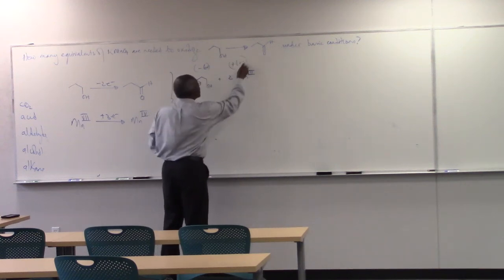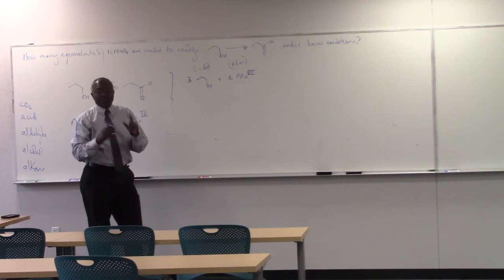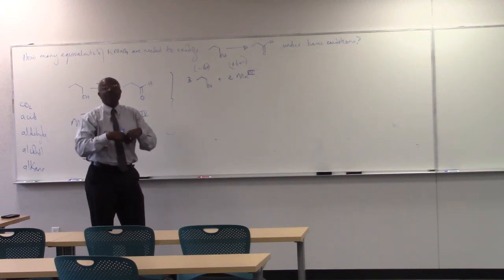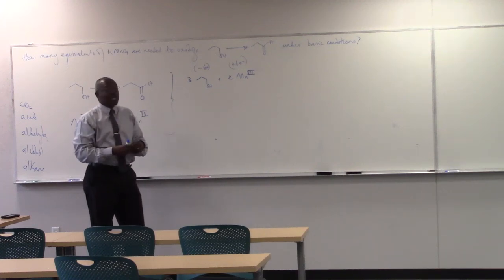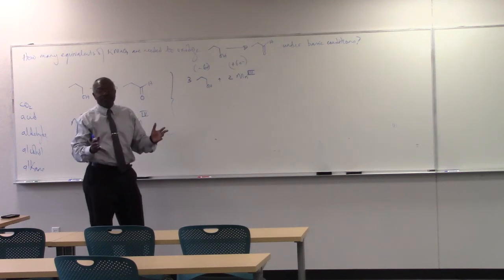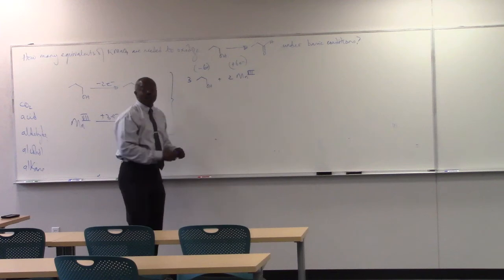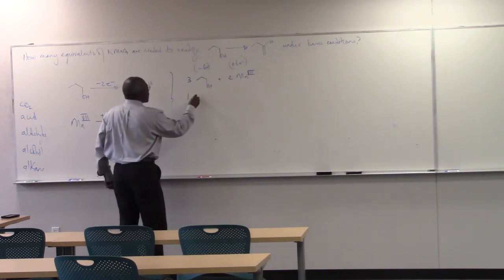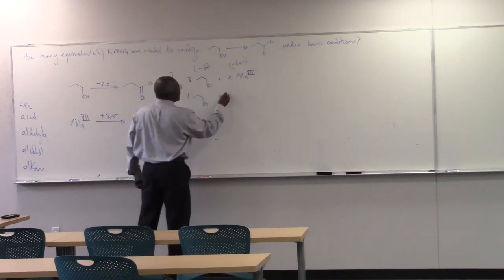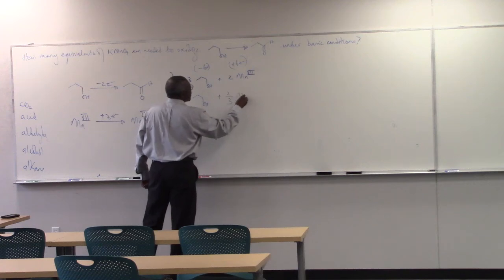And it must be that way. Okay, so the number of electrons lost and gained is the same, because you can't manufacture electrons, nor can electrons simply blink out of existence. Well, if 3 alcohols need 2 permanganates, 1 alcohol will need 2/3 of the permanganate.